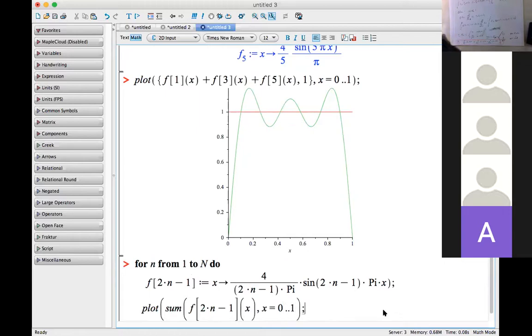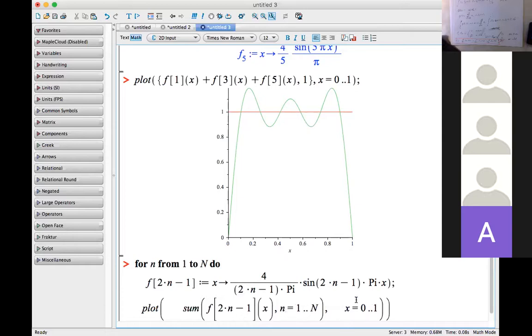Let's see, does this make sense? So this is the sum of the first capital N of these functions.